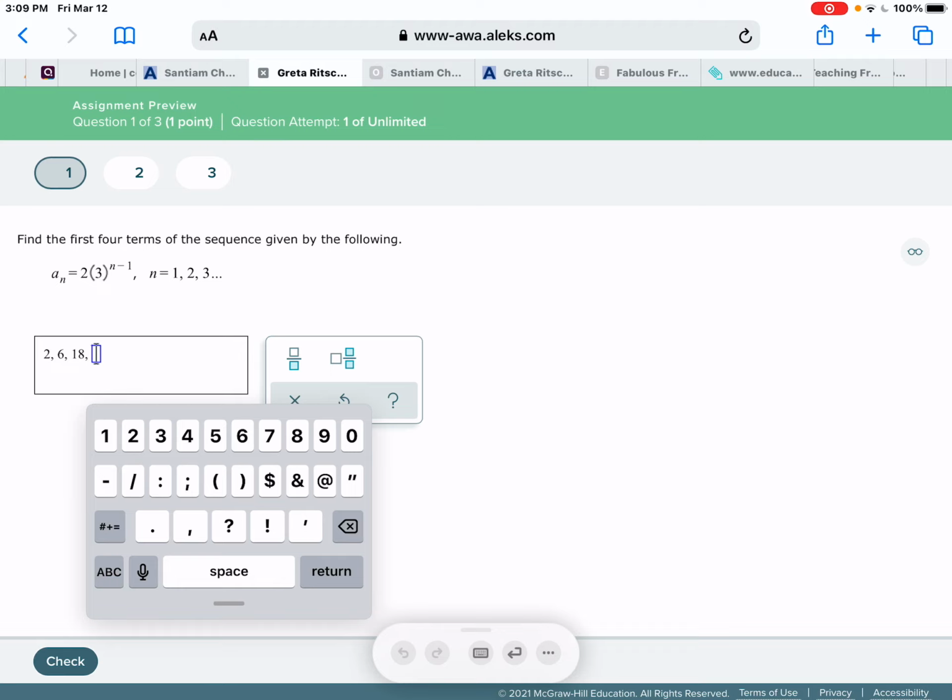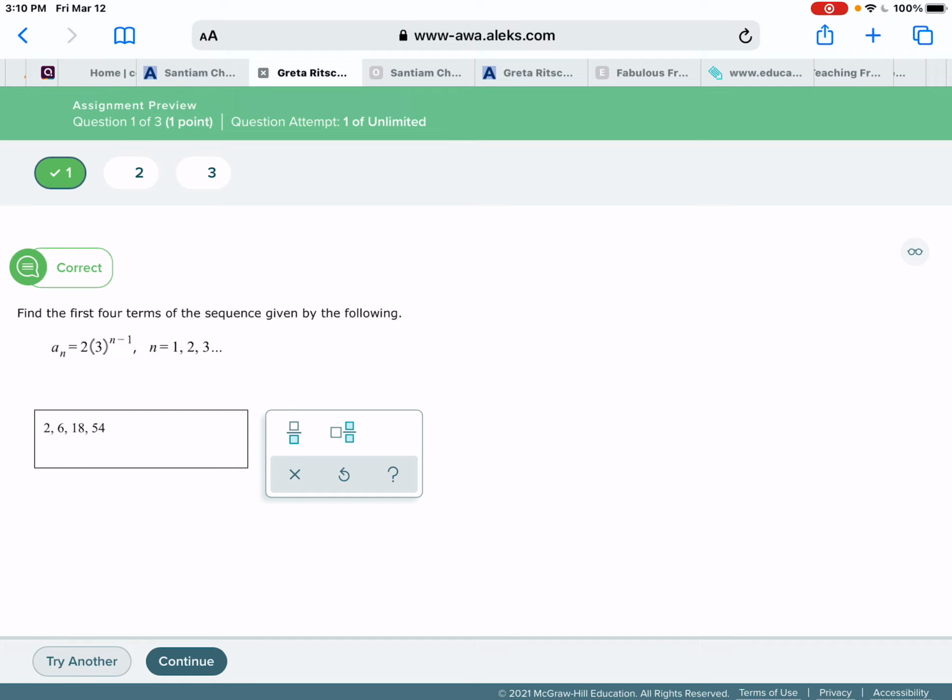And oh, that's all we needed. We didn't actually need another one because that's 4 terms. Very good. All right, so we'll hit check, and we'll go on to the next problem.